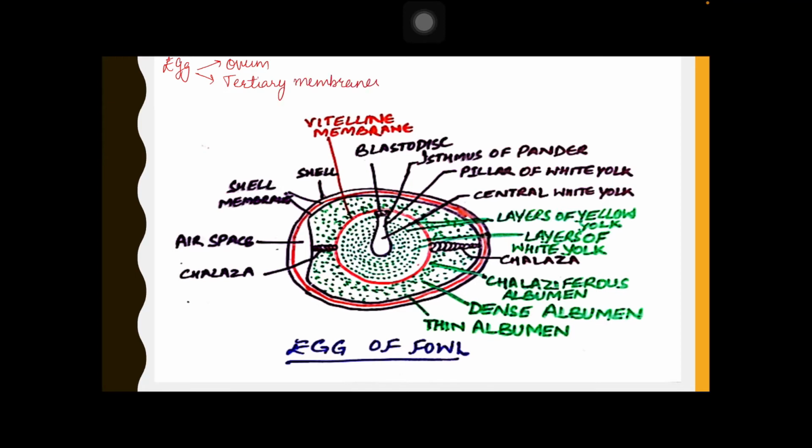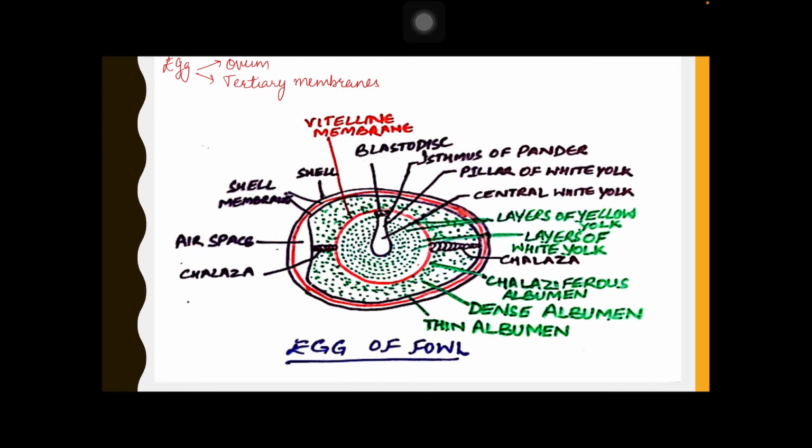Tertiary membranes are laid down around the ovum as it passes down the oviduct. The ovum is released from the ovaries, enters the oviduct, and there the tertiary membranes are laid down around it.